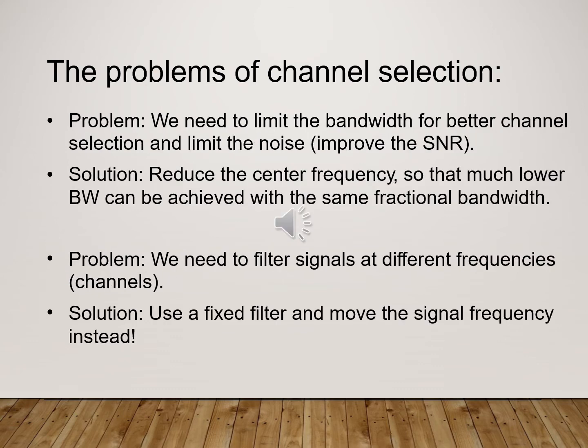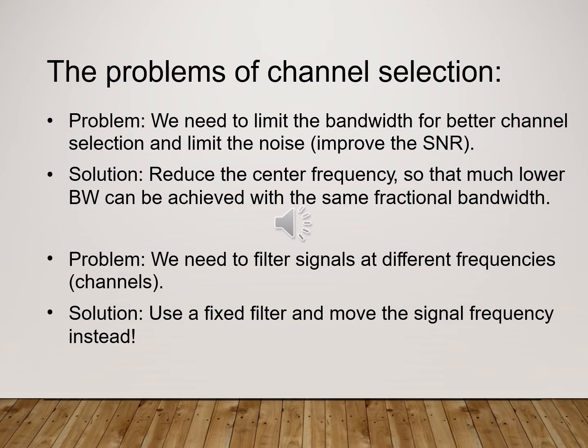The solution for the first problem is to reduce the center frequency so that a much lower bandwidth can be achieved with the same fractional bandwidth. It's a smart way to think about the problem, because when we reduce the center frequency, a much lower bandwidth can be achieved with the same fractional bandwidth.